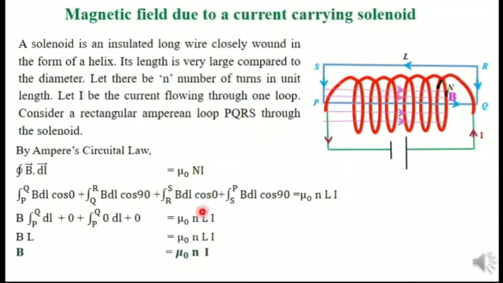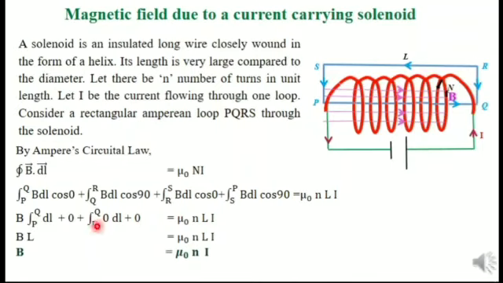So the third term becomes integral into 0 into dl plus, since cos 90 equals 0, fourth term is 0. That equals mu 0 n I L.